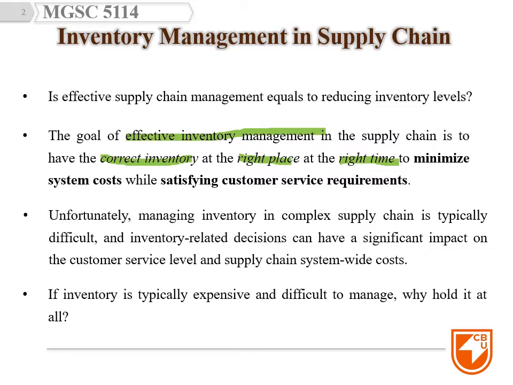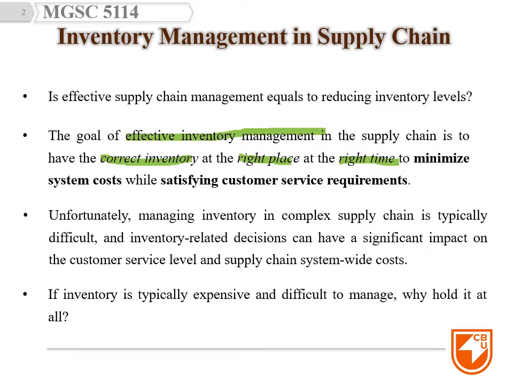So there are 2 goals exactly similar to the goal of supply chain management, which is minimizing the system-wide cost and also making customers happy as much as possible. So 2 goals and 3 ways to achieve this goal, which is the right inventory at the right place and right time.